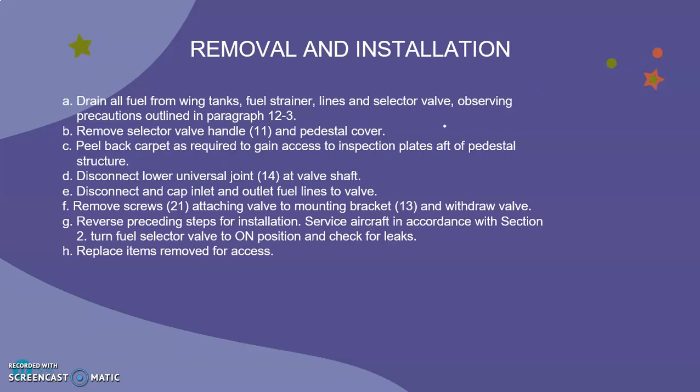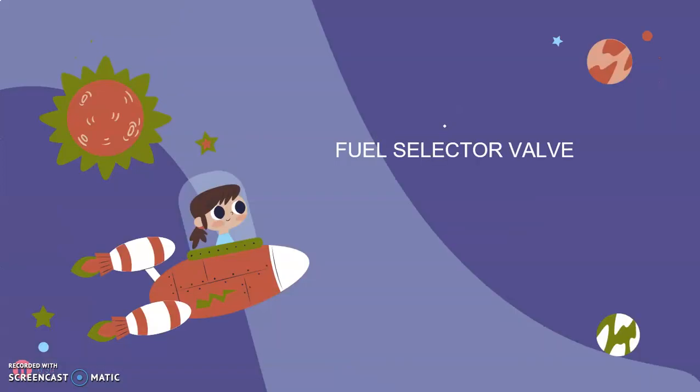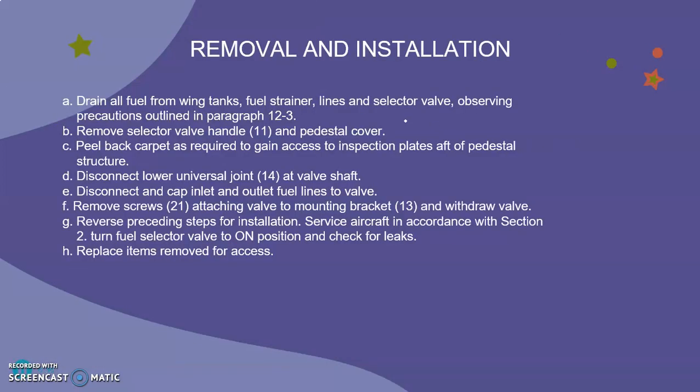And in the fuel selector valve, we must do removal and installation: drain all fuel from the wing tanks, remove the selector valve handle, peel back the carpet as required to gain access to the inspection plates, and disconnect the lower universal.